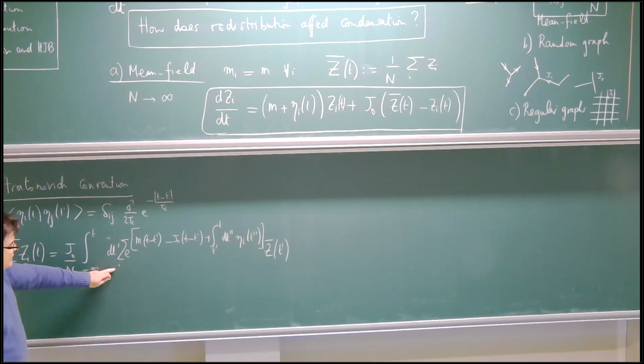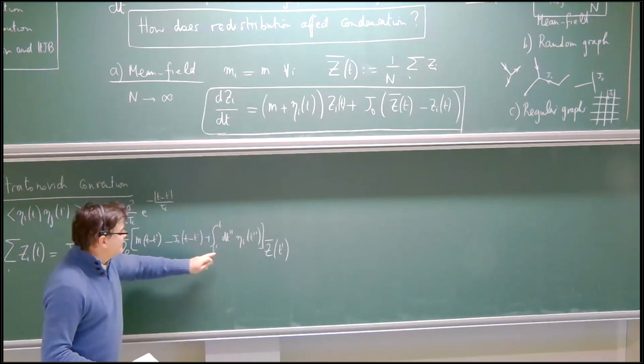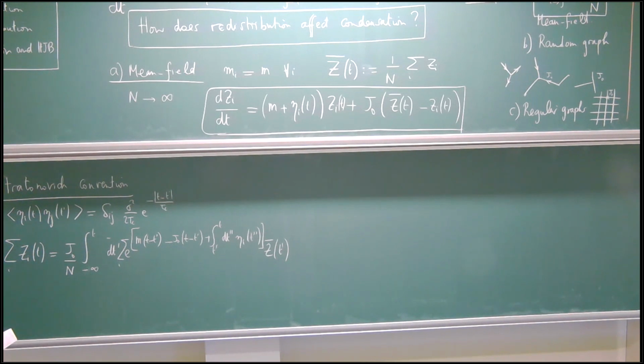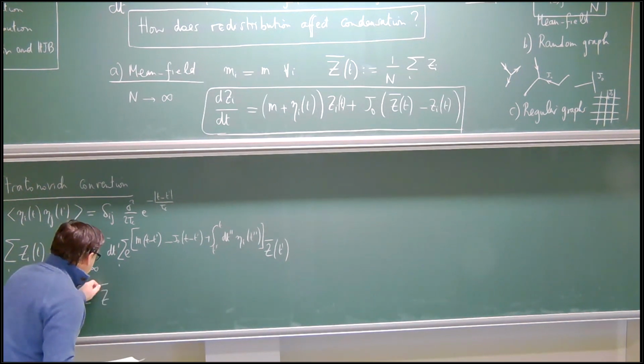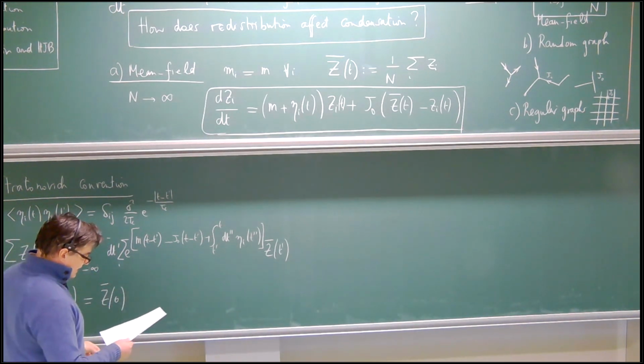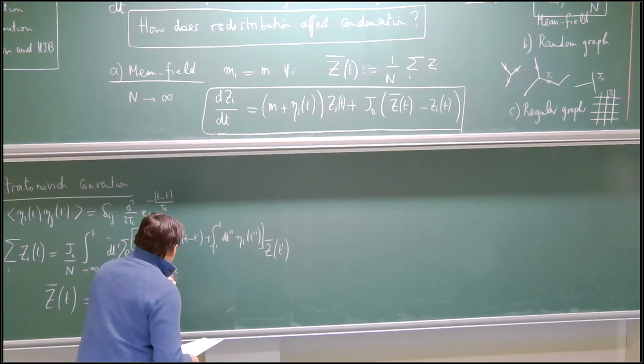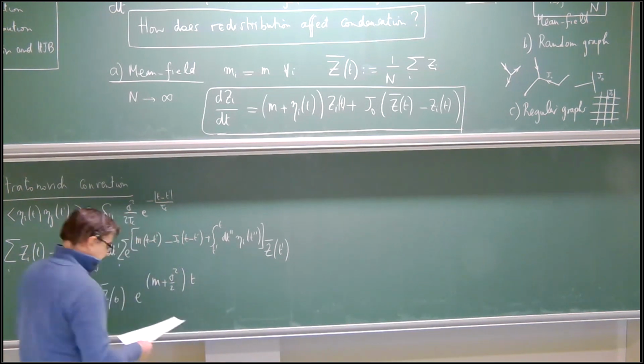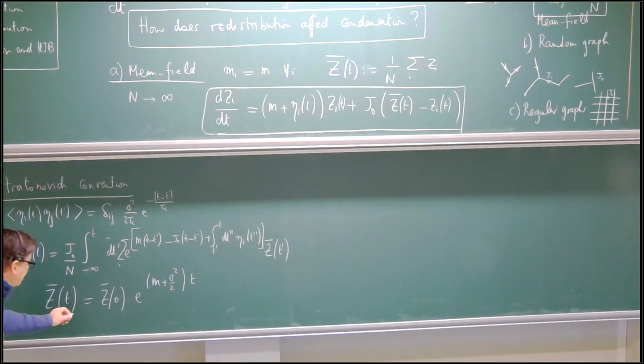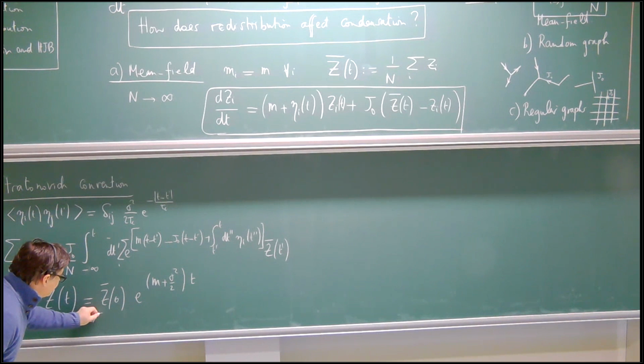I'm going to average the sum over i of the exponential of these terms, and it's going to be okay in that case. And so all this to say that I can find, with a little work, that z bar of t is z bar of 0, the initial condition, times exponential of (m plus sigma squared over 2) times t, and that's when t is much greater than tau_c. Okay.